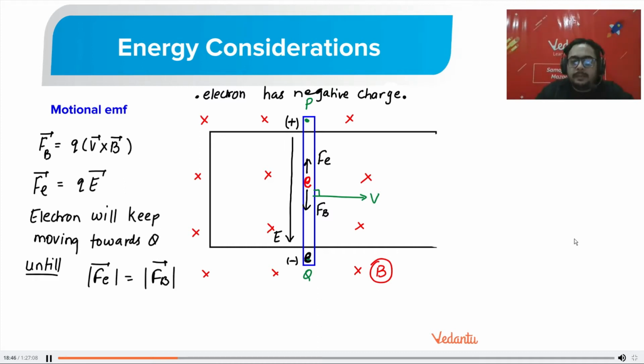Once the electrostatic force and magnetic force become equal, because they are acting in opposite directions, the net force on the electron will be zero. Samajh aa raha hai? If they are balanced, net force on the electron becomes zero. So if I equate it, I will get QE equal to Q into V cross B. Are you getting my point? Now here I can simply see what the potential difference will be.